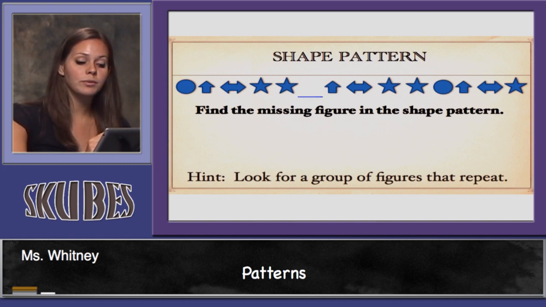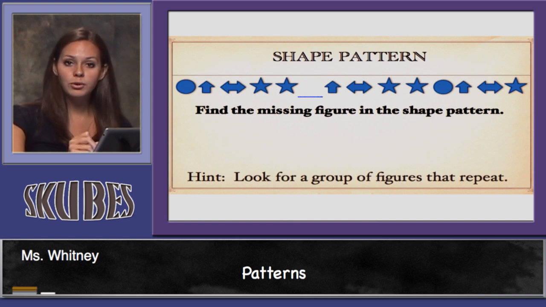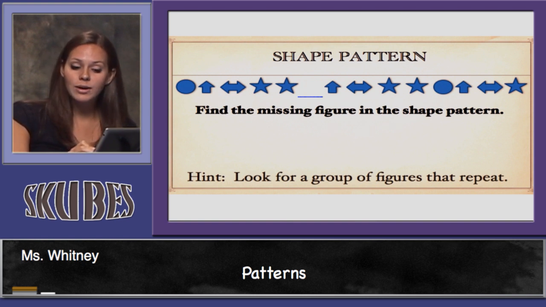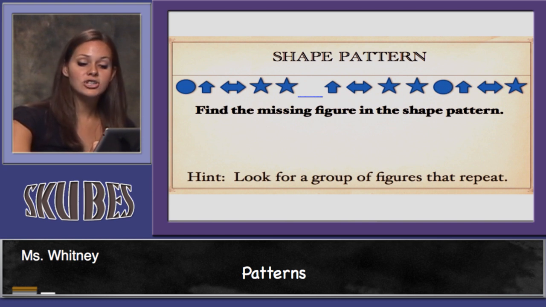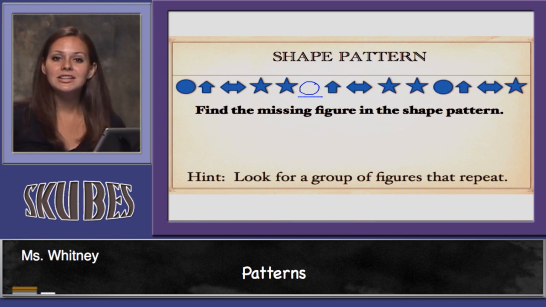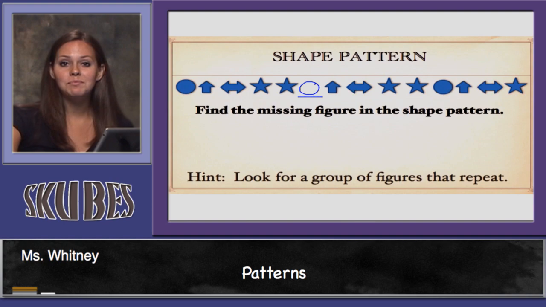Then I have an upward pointing arrow, sideways arrows, a star, a star, a circle, an upward pointing arrow, sideways pointing arrows, and a star. I can see that the shape that is missing in my pattern is a circle. And this concludes our lesson on finding patterns.